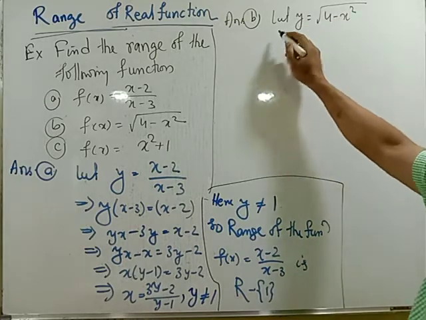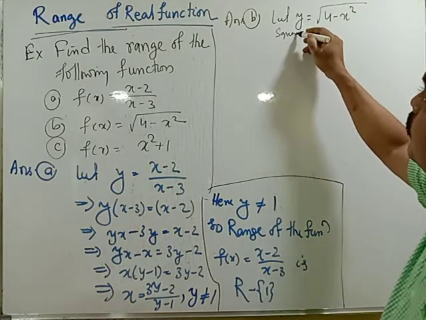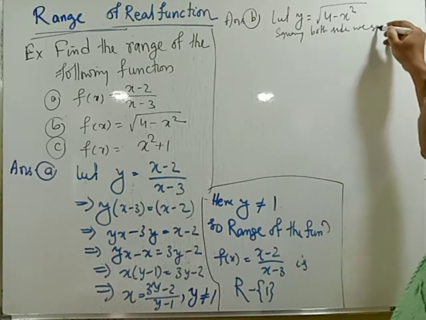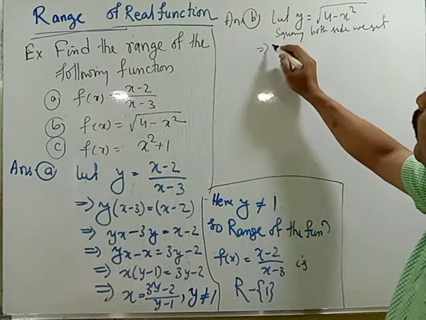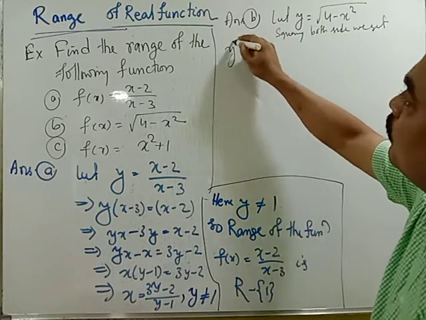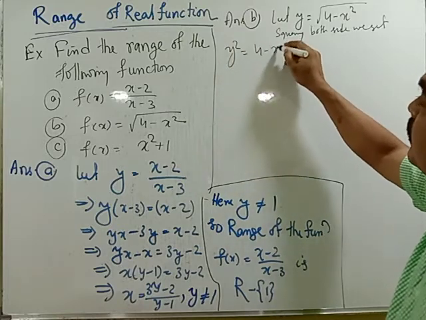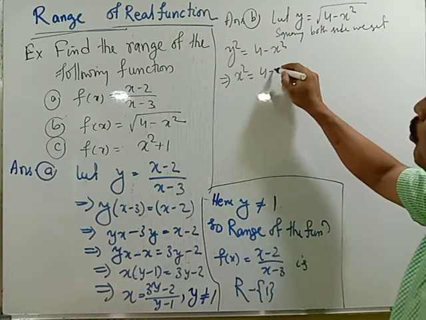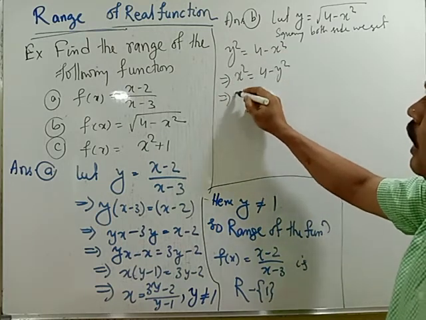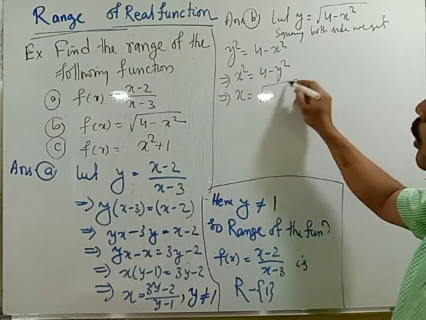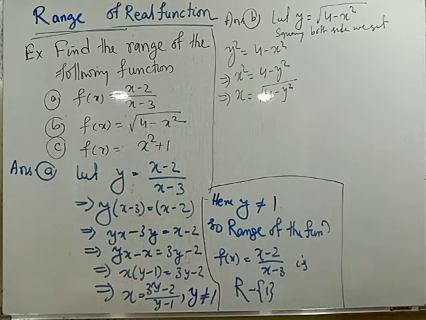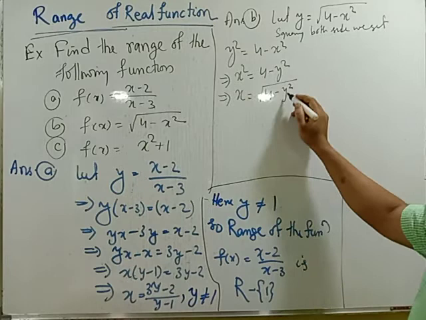Similarly, squaring both sides, we get y square is equal to 4 minus x square, which implies x square is equal to 4 minus y square, which implies x is equal to root over of 4 minus y square. Again you have to check this existence.